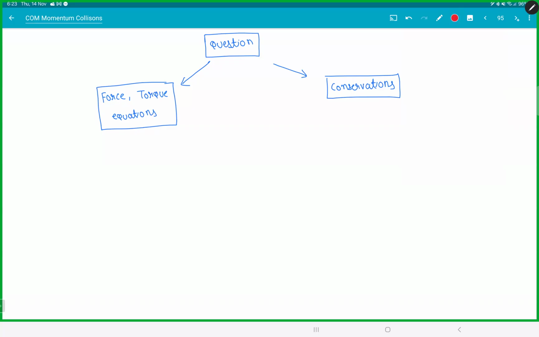If you look at the question, the wordings will be like this. Find speed, find maximum height, or find elongation, find compression. If you look at these words, it is always about some final position.